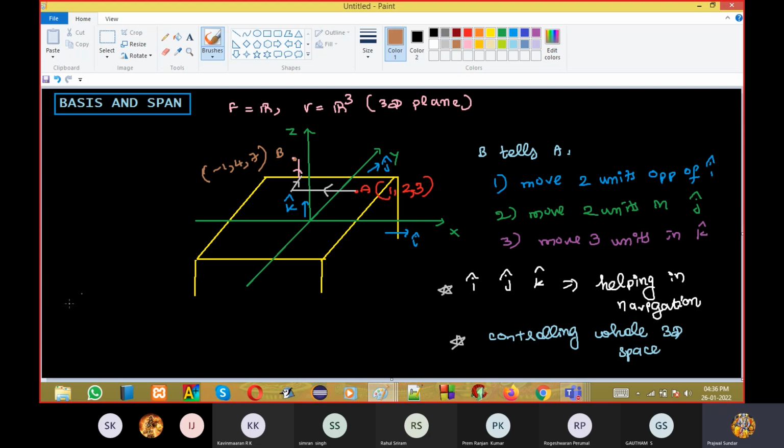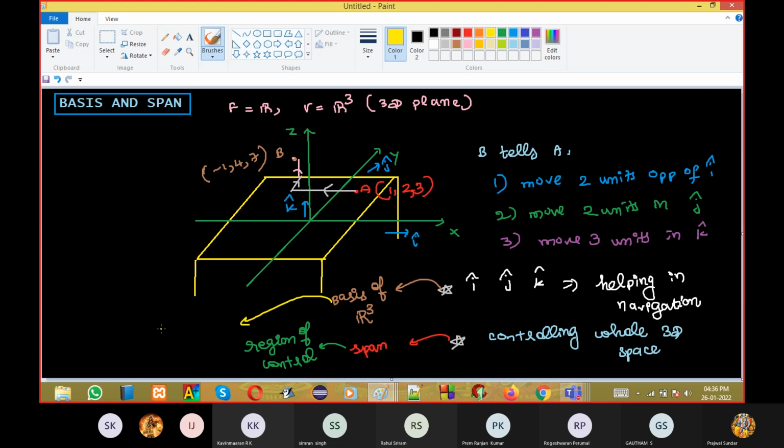Now we will see the definition. These are known as the basis of R cube, and this is known as the span. Span means a region of control, something like that. And basis means the vectors controlling that region.